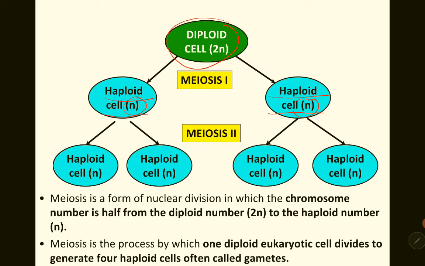Meiosis 2, from the haploid cells, produces another 2 haploid cells each. So one parent cell, which is 2n, produces 4 daughter cells, and each daughter cell is haploid. Meiosis is the process by which one diploid eukaryotic cell divides to generate 4 haploid cells. We always call the daughter cells gametes.